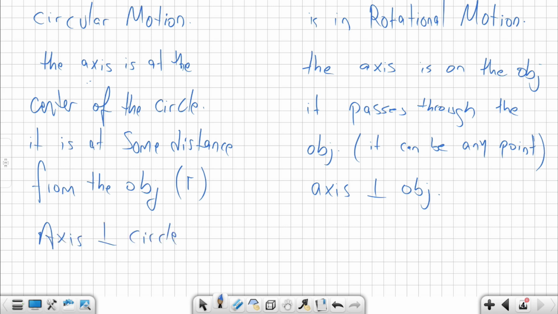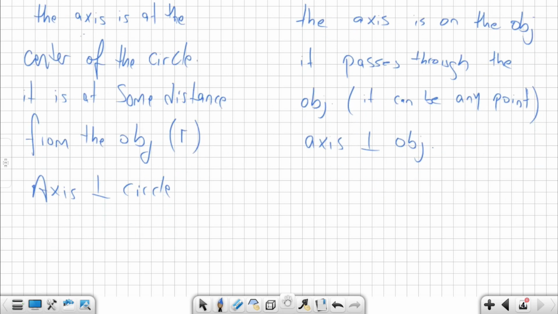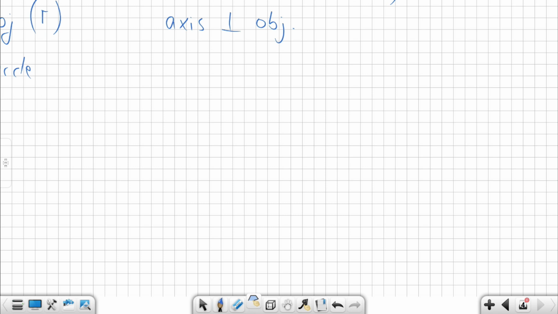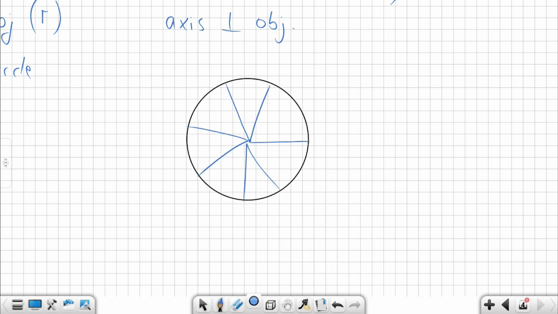So why are we talking about rotational motion if the chapter is about circular motion? We talk about rotational motion because if we choose any point on a rotating object, it will follow a circle. Let's have an example, a Ferris wheel, and let's have some cabins on the Ferris wheel.